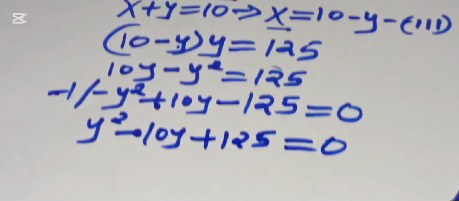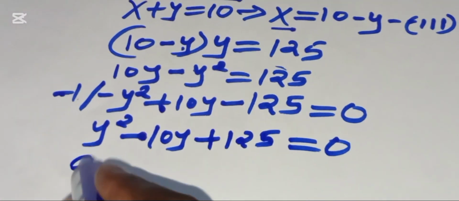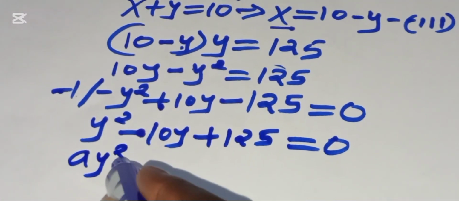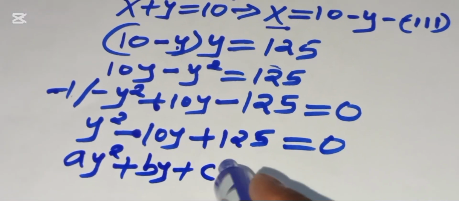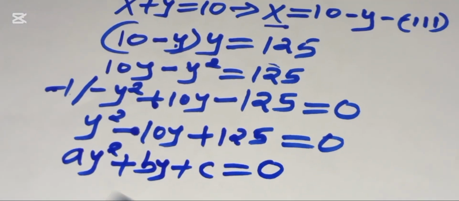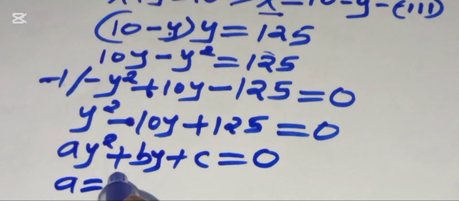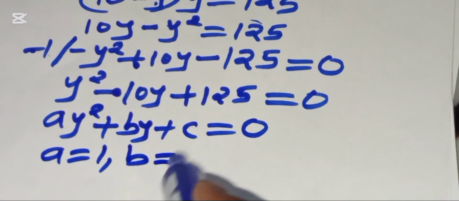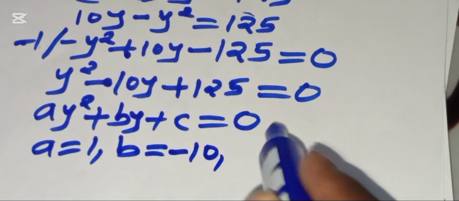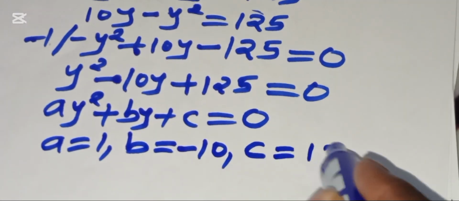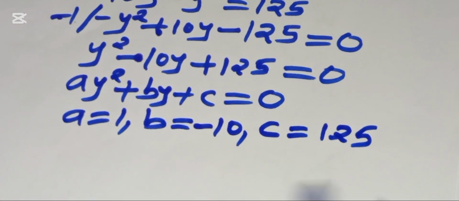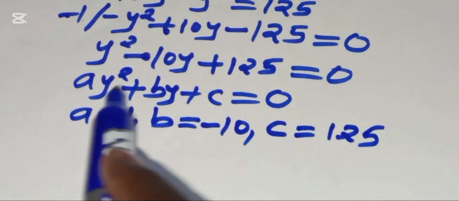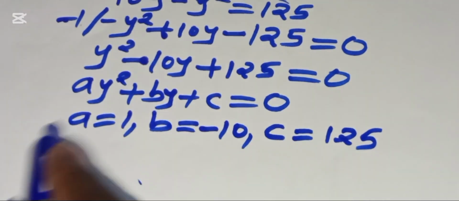And this is a quadratic equation, in the form of ay squared plus by plus c equals 0, whereby a is equal to 1, b is equal to negative 10, and c is equal to 125.